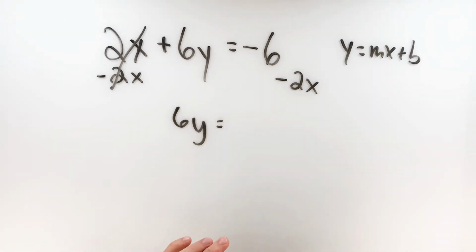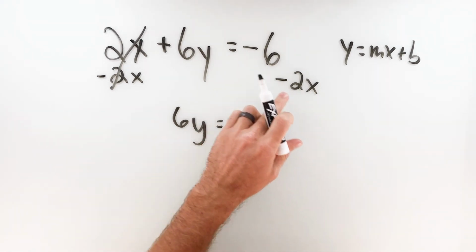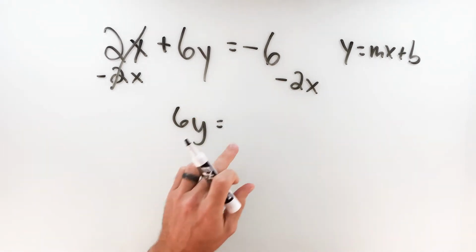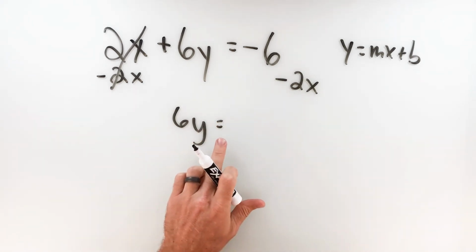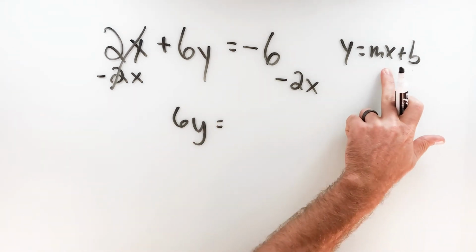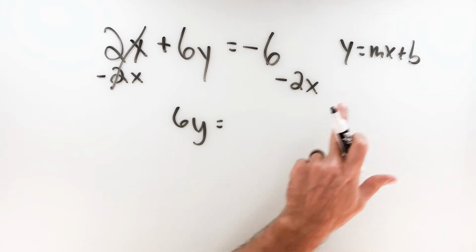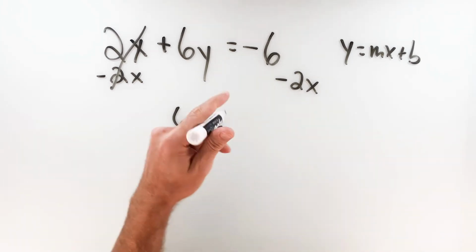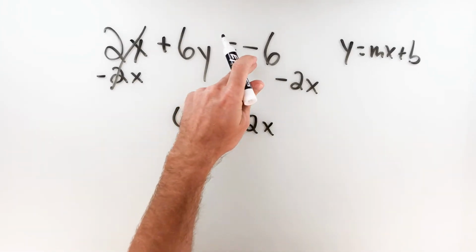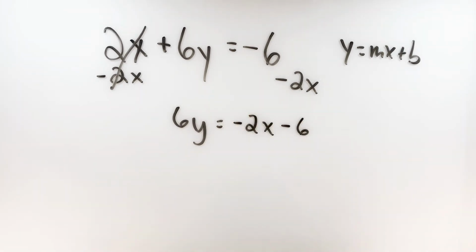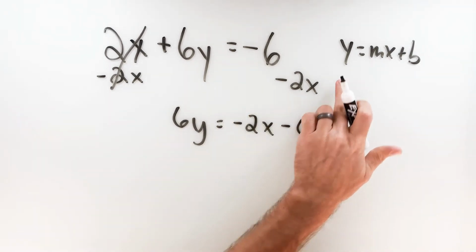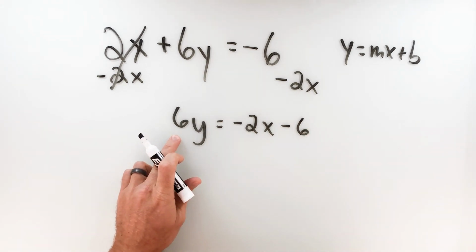Because those are not like terms, don't be tempted to try to put those together. This has an x and this doesn't, so I'm just going to rewrite this. Usually in slope-intercept form, our variable term is going to be first. So I'm going to write this as negative 2x minus 6. Last step, to get the y by itself, I've got this coefficient, the 6 right here.